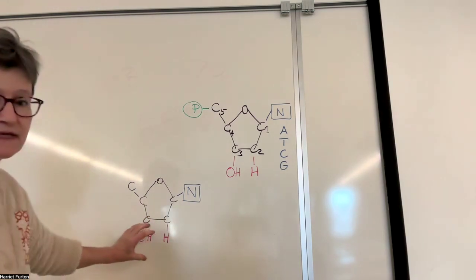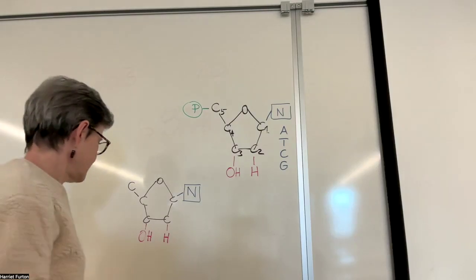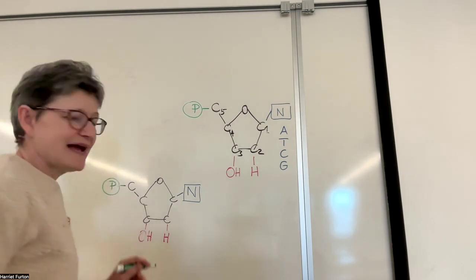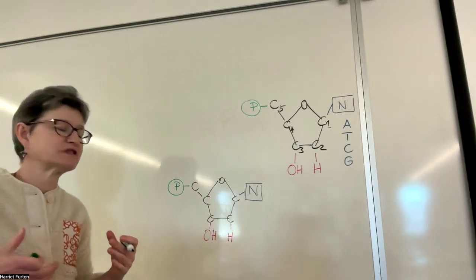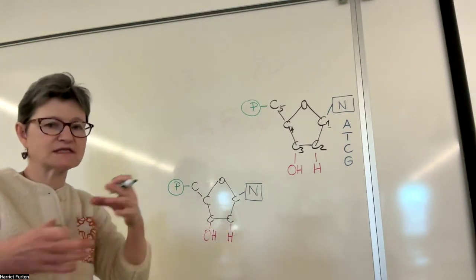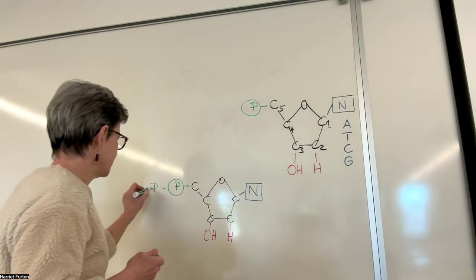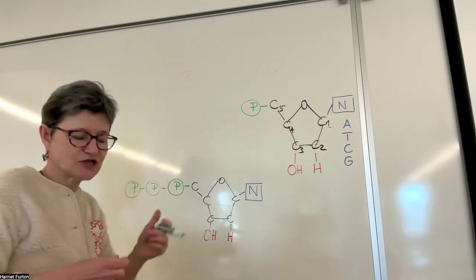Honestly, the third carbon is the important one. For the fifth carbon, I add one phosphate. Actually, I will add two more because this is how you would understand which part is combining with the other part. So if I add two more phosphates, they have huge energy in here.